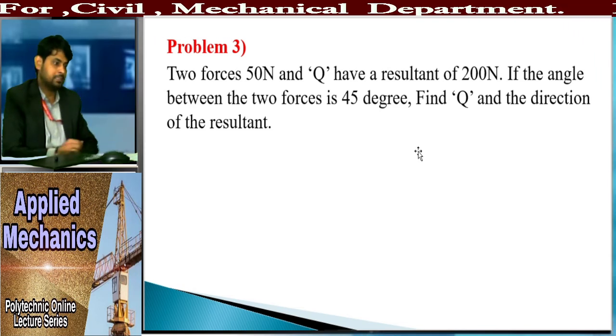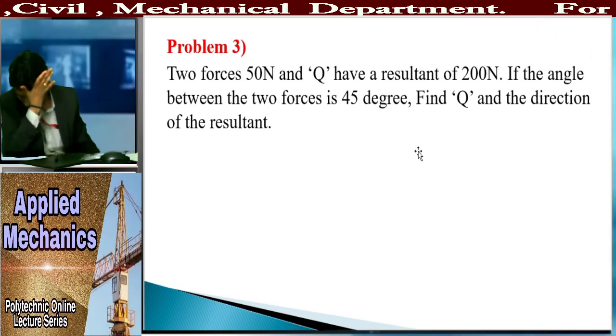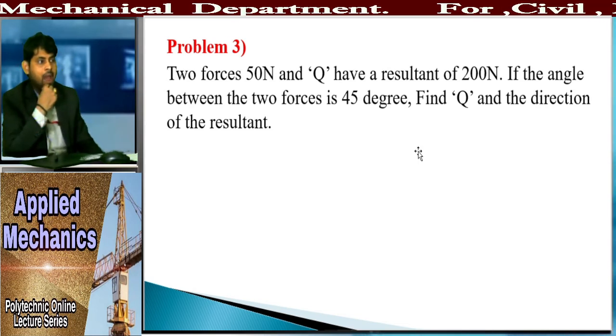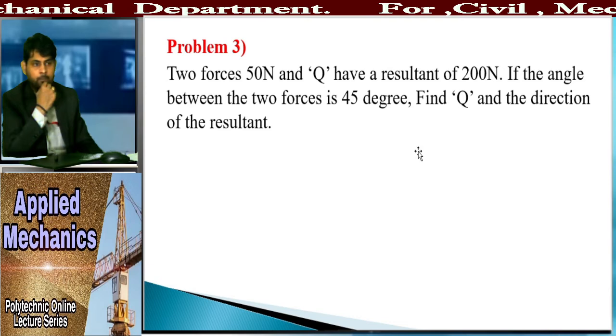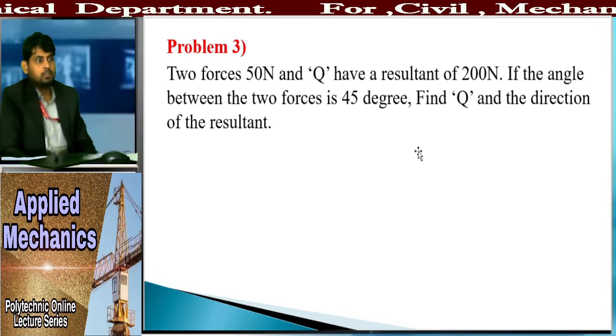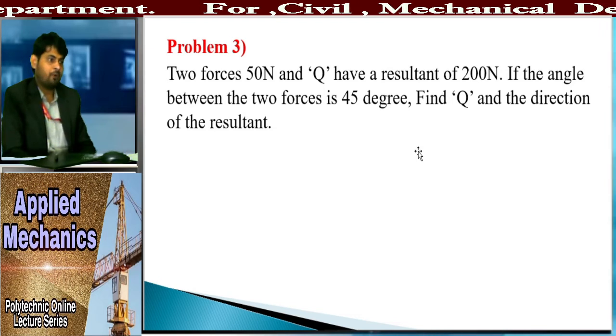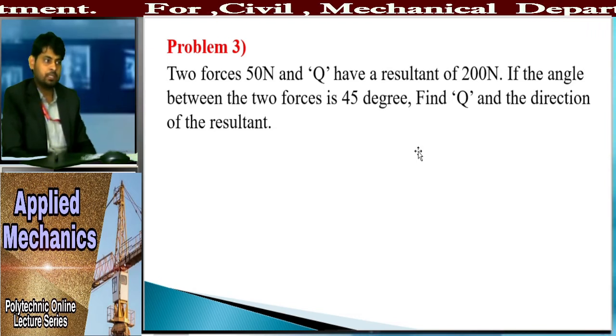Read the problem carefully. Our problem says two forces 50 Newton and Q have a resultant of 200 Newton. If the angle between the two forces is 45 degree, then find Q and the direction of the resultant.